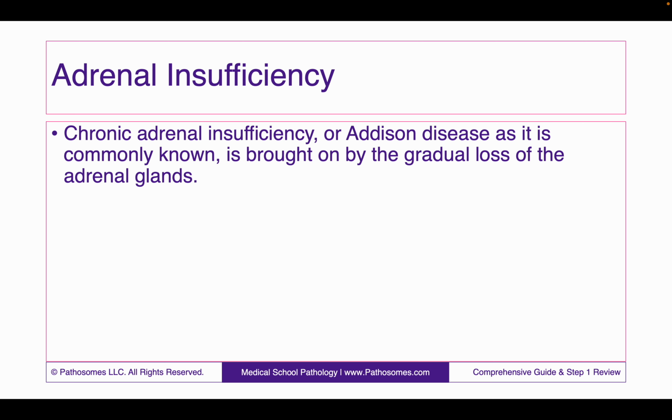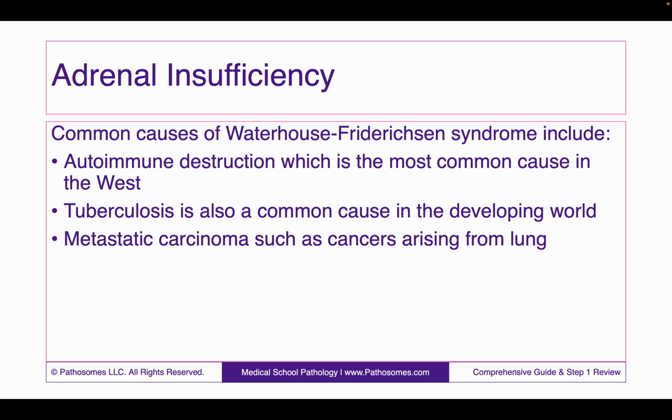Chronic adrenal insufficiency, or Addison's disease, as it is commonly known, is brought on by the gradual loss of the adrenal glands. Common causes include autoimmune destruction, which is the most common cause in the West.